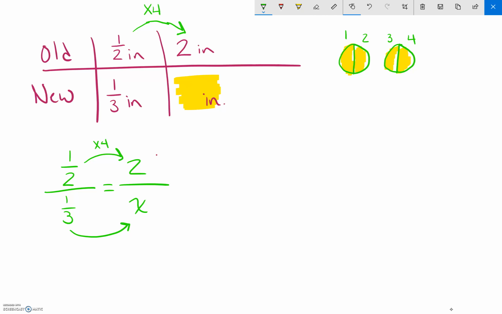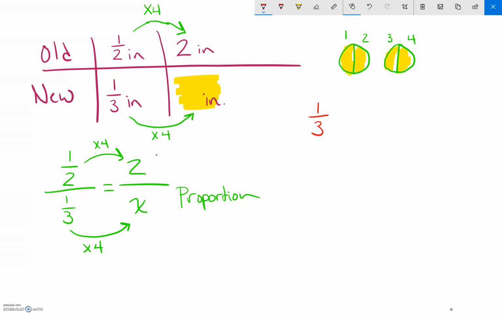And you have to do that same thing to the denominator. So it's the same process. You can just look at it in a proportion, like we are right here. Or you can leave it in table form. But the bottom line is we have to multiply 1/3 times 4 to get this missing value, which will be the length of the new packaging.